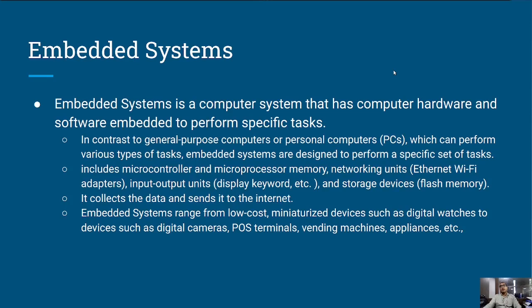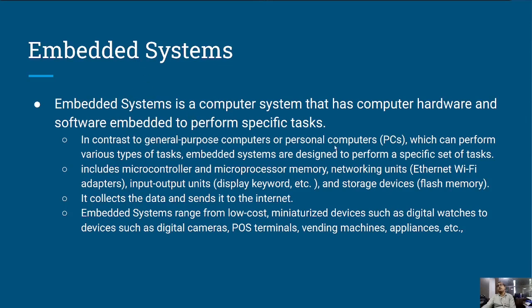Another important enabling technology is embedded systems. An embedded system is a computer system that has computer hardware and software embedded to perform specific tasks. For instance, the control system that you use in your washing machines can be considered an embedded system.